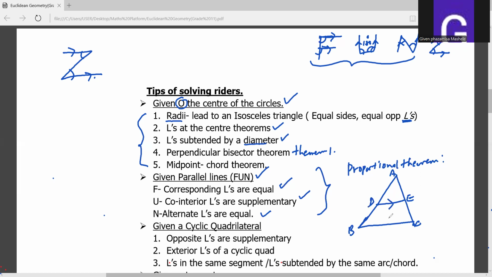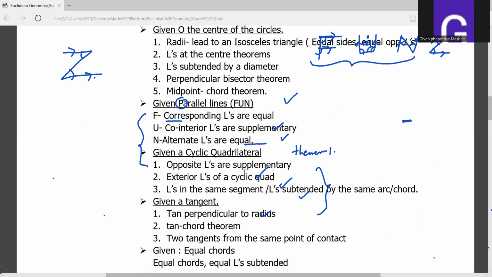So if these 2 lines are parallel, then we can say AD over DB equals AE over EC, or we can play around. This is particularly for grade 12, the proportionality theorem, not for grade 11. So these are the things that you should look at when you are solving riders. Then the third one is when you are given a cyclic quad.